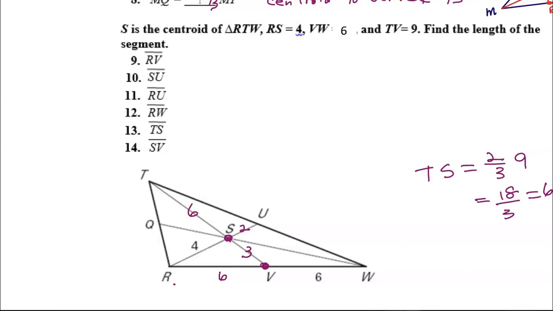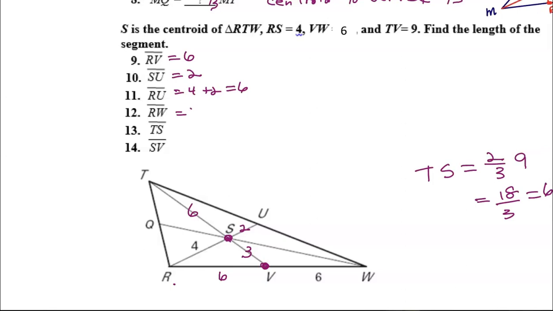Okay, let's see if we can answer these questions. What's the length of RV? I wrote it down already. It's 6. What's the length of SU? I wrote that down. That's 2. How about RU? That's 4 plus 2, which is 6. How about RW?